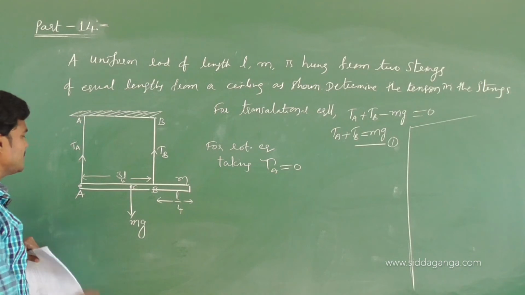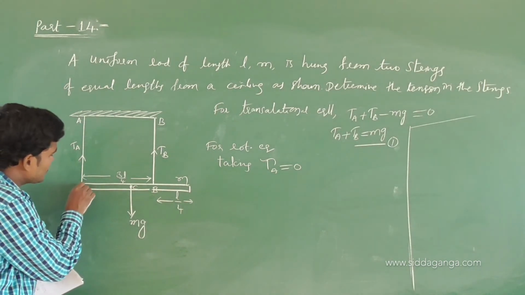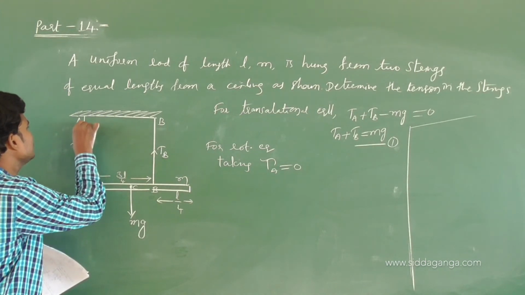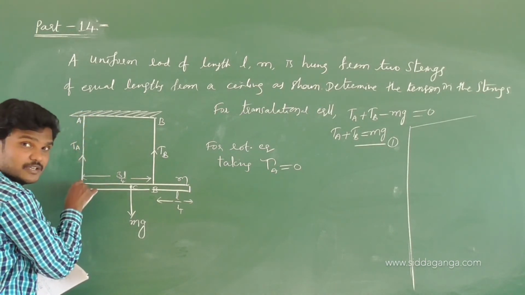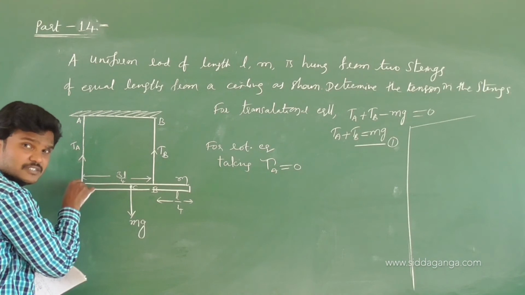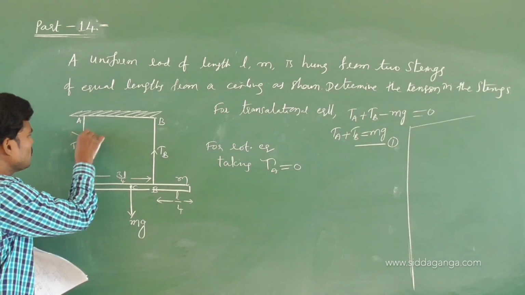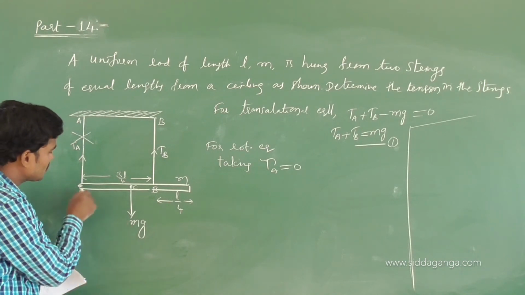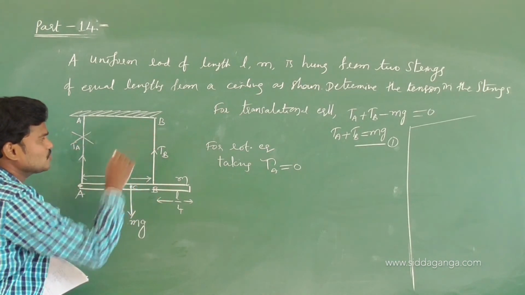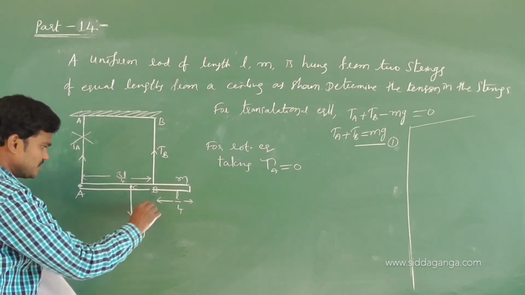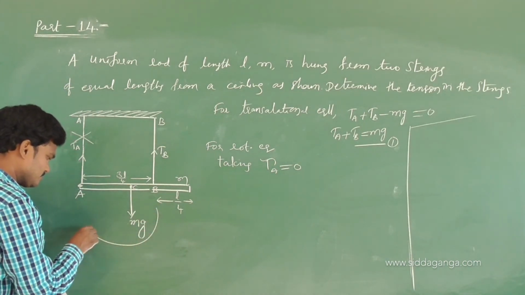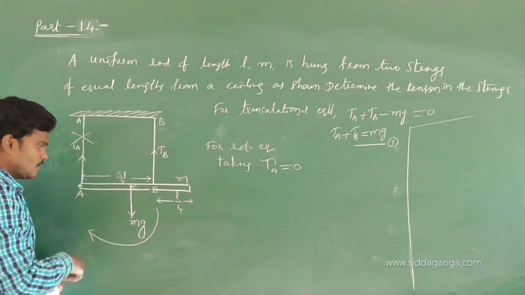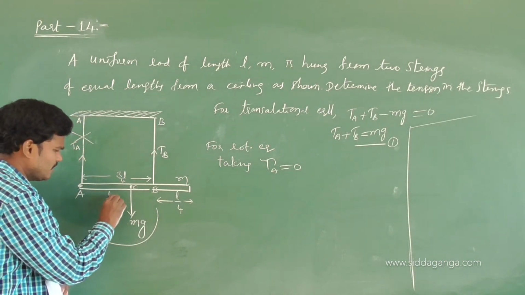So torque about A is 0. If I take torque about A, then this tension does not create any torque about A because it is acting at that point, the hinge. Only this mg will create some torque about A. The distance is L by 2.